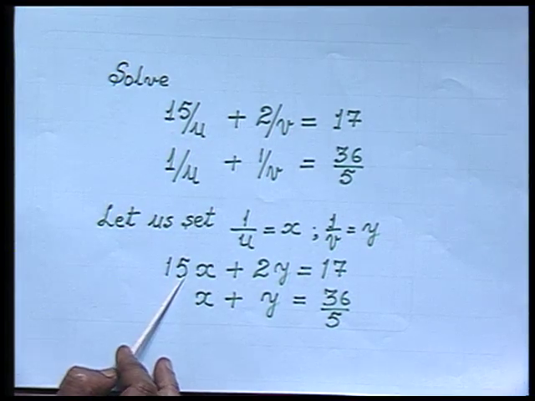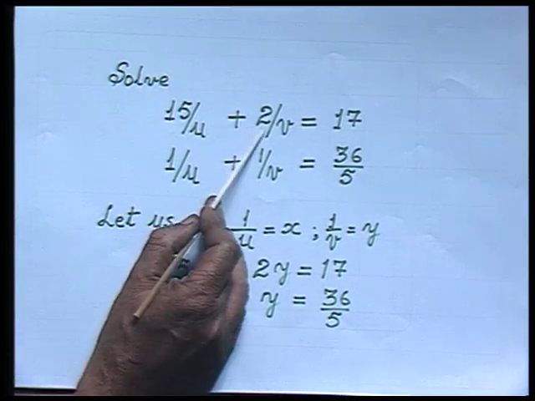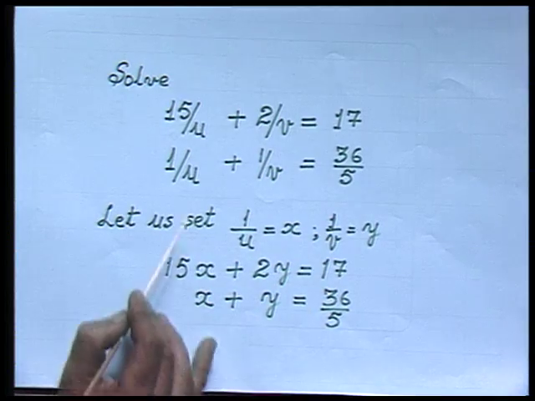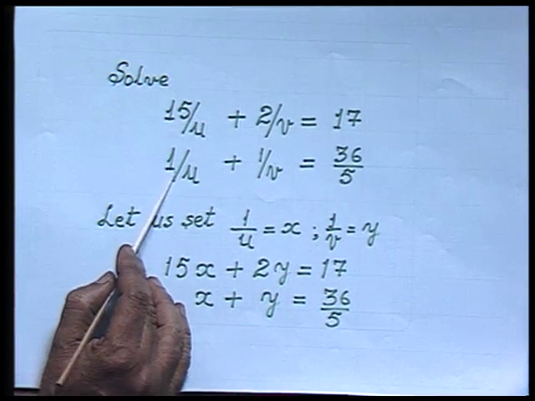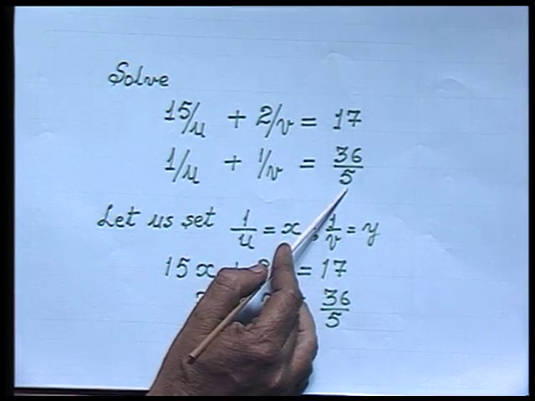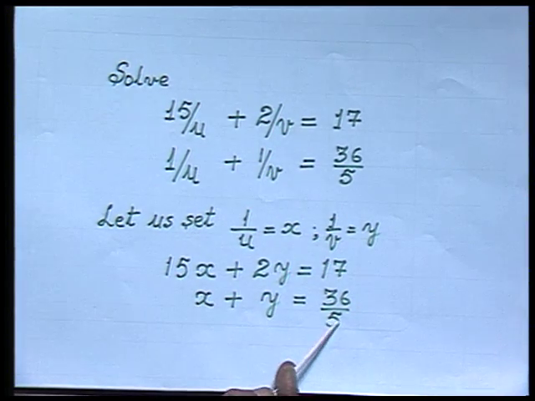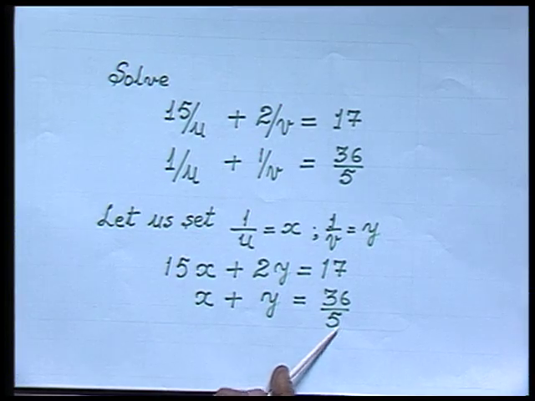so that 15 upon u becomes 15x plus 2 upon v becomes 2y equals 17. And the other equation was 1 over u plus 1 over v equals 36 upon 5. That equation takes the shape x plus y equals 36 upon 5. Now I have got these linear equations, and from there I will get the values of x and y.